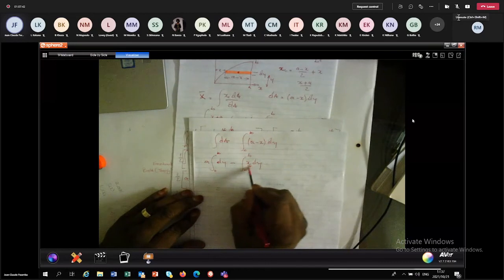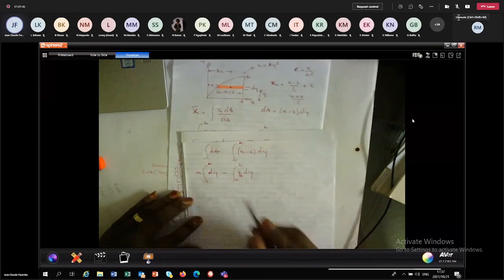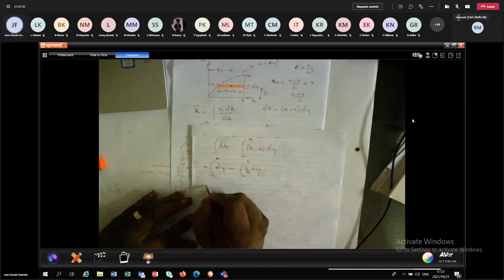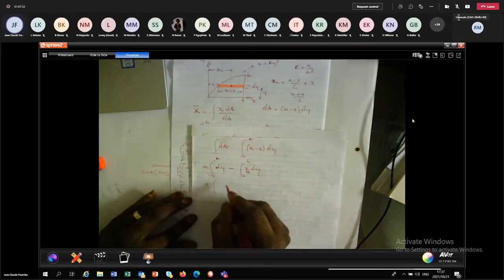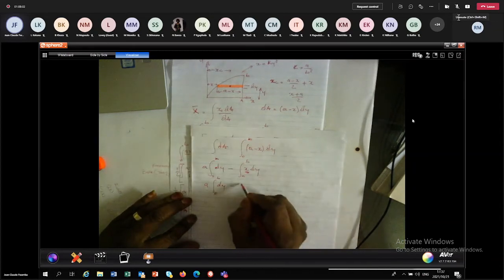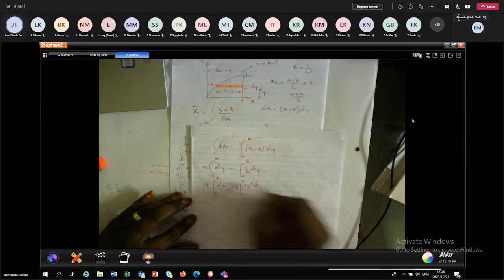So I need to do away with x by looking into my function. Let me write it first. x will be the integration of, or should I put the k outside, y cubed dy.